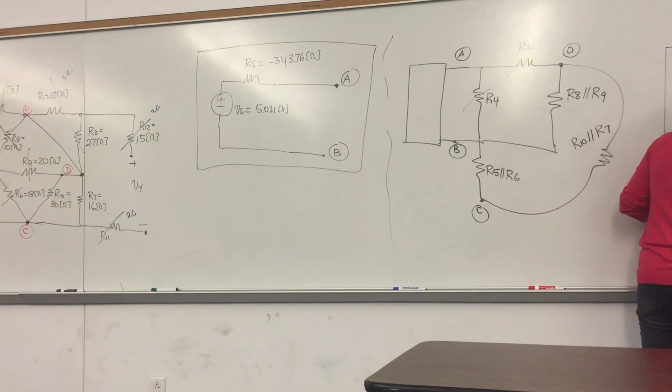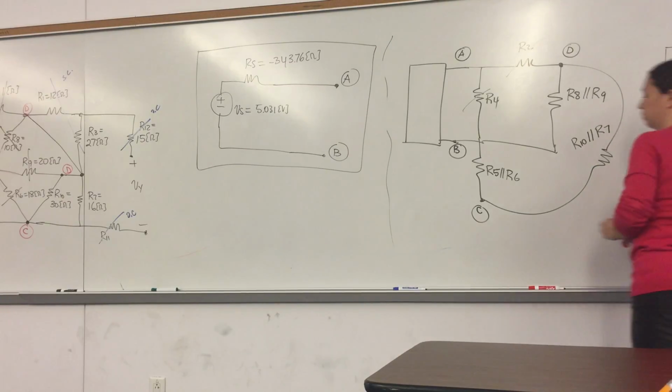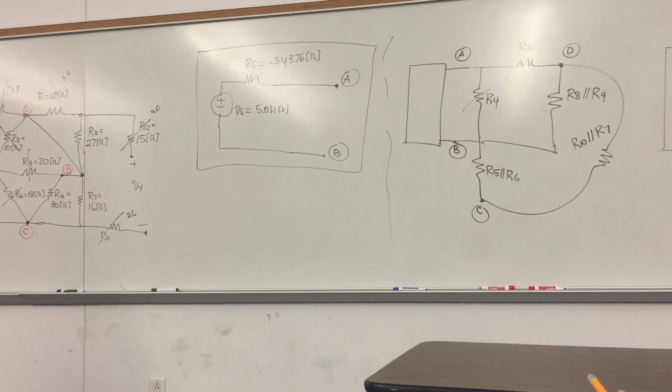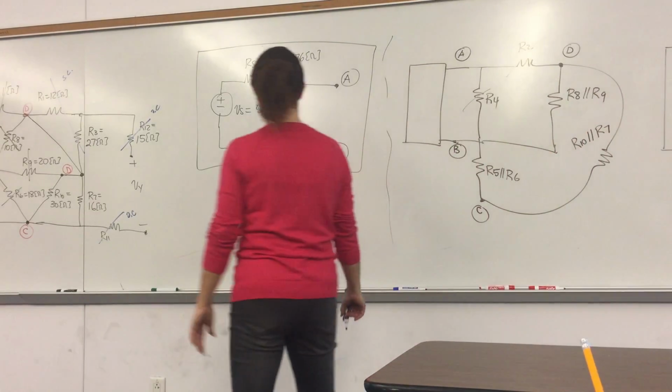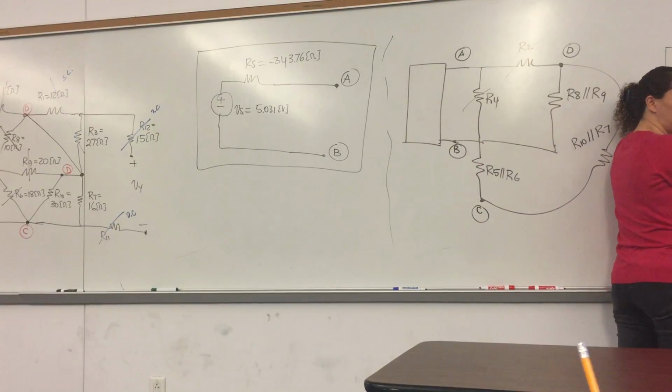So R4 in parallel with R2 plus RBD. 7.17. That's what resistance is. So that's the resistance connected in between A and B, right?